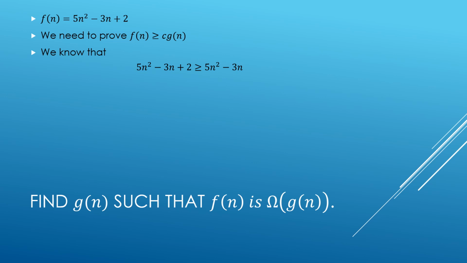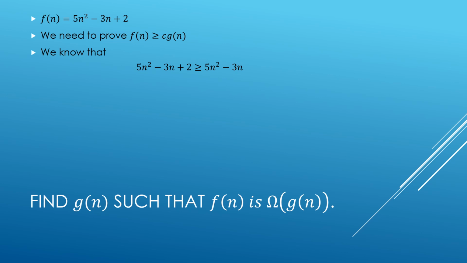I can remove 2 because 2 is positive. But I cannot remove 3n because there is a minus sign with 3n. So if I remove 3n, the function will actually become larger. I am looking for a smaller side. So if I remove 2, I will get a smaller side, 5n square minus 3n.